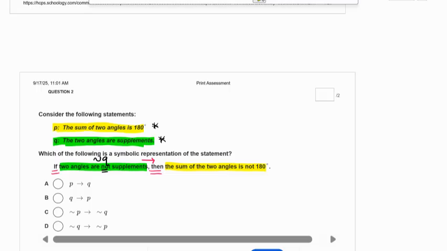That mostly matches with P, except they have inserted the word not. It wasn't there originally. So this would be negated P. So we're looking for the multiple choice answer that says negated Q, arrow, negated P. And that would be answer choice D.